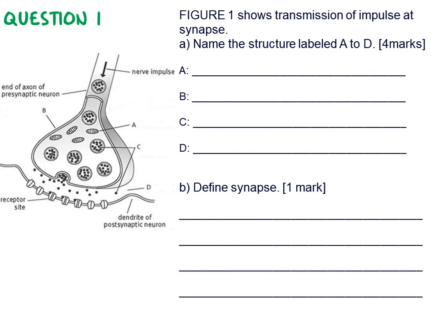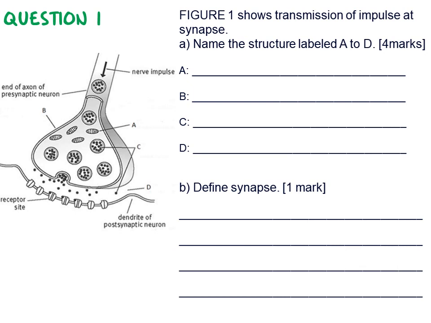So now we will discuss question. Okay, so we start with question 1. The figure 1 shows transmission of impulse at synapse. So this is the synapse. It consists of presynaptic neuron, then postsynaptic neuron.